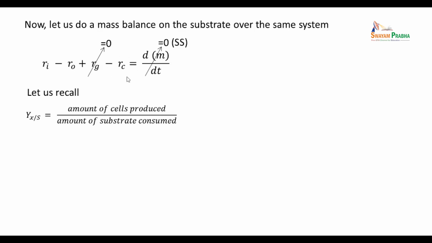Whereas here we don't really have a handle on the consumption rate of the substrate, we do have a handle on the growth rate of cells. So we are using something to represent the consumption rate of the substrate in terms of the growth rate, and we have already used this in a problem. The yield coefficient Yx/s can do that.